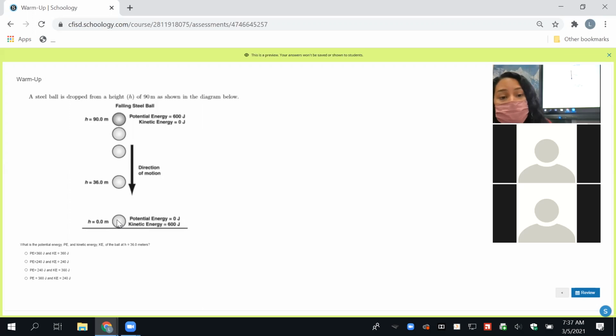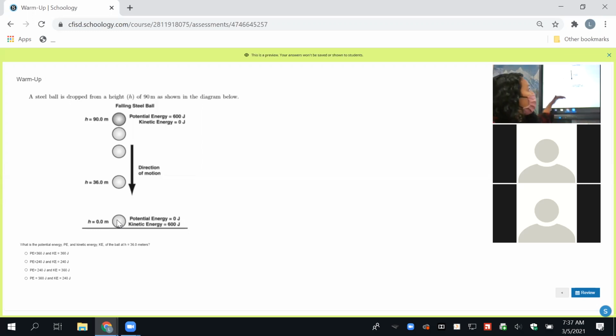And so you also know that in a perfectly closed system, the mechanical energy, which is the sum of PE and KE, that's PE plus KE, is going to be the same number the entire time. So anywhere on that path, PE plus KE is going to equal 600.